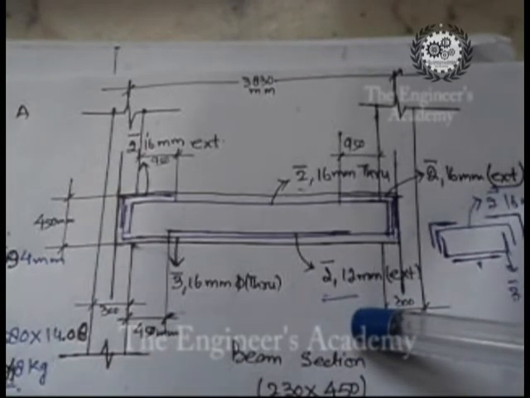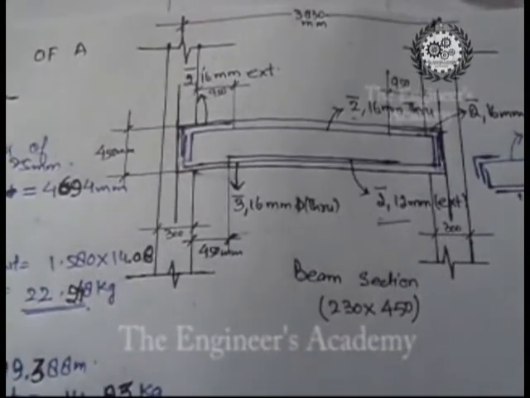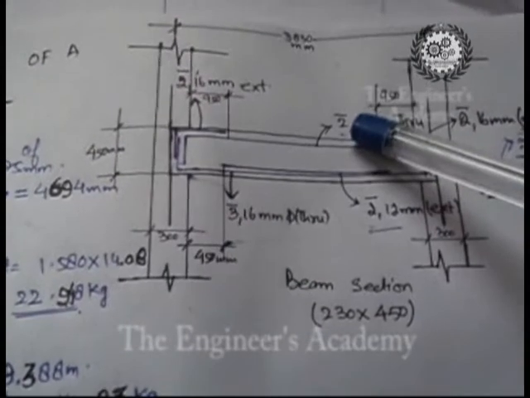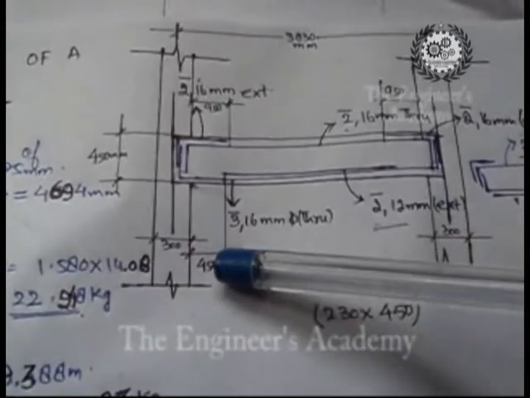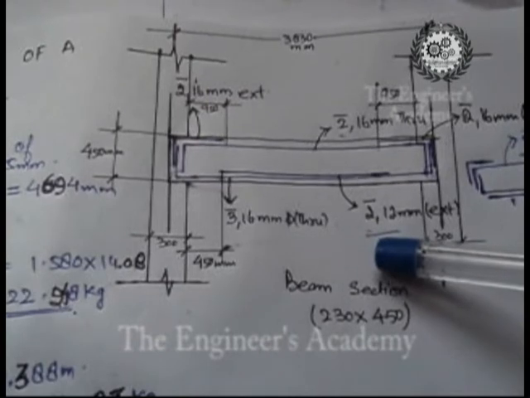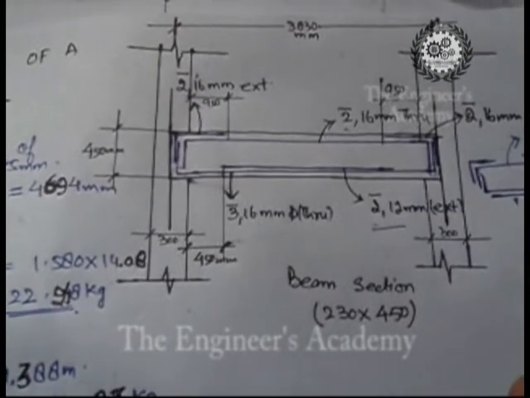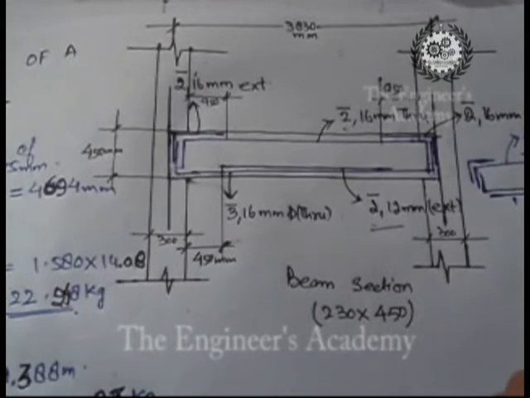It is not mentioned over here, but we'll consider it as 450 mm only. Then the total length will be 3830 minus 150 minus 150 minus 450 minus 450, and the total length will be reduced to 2.630.